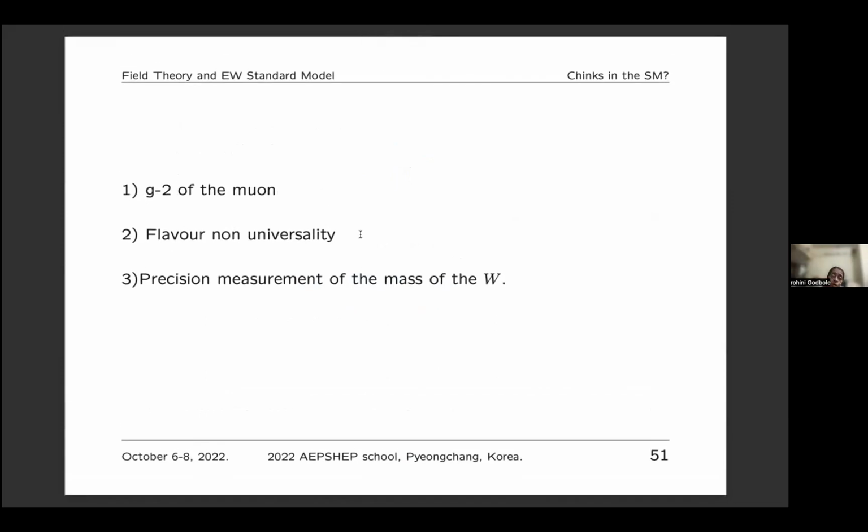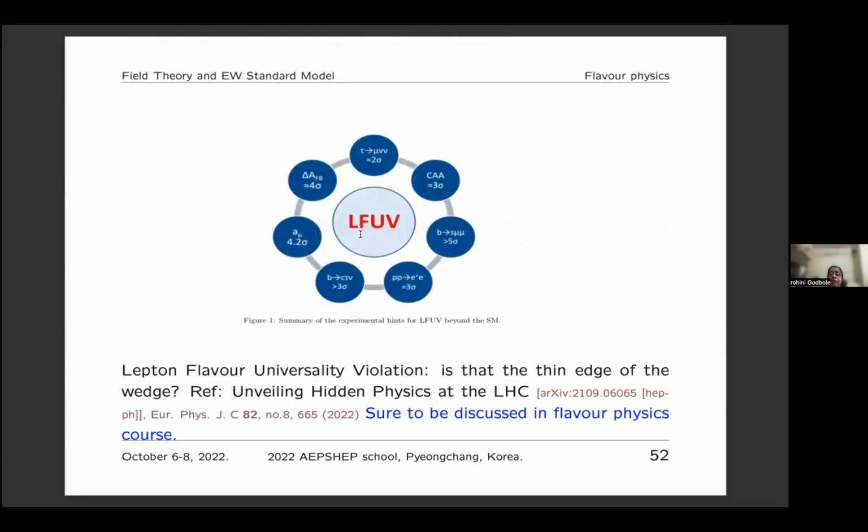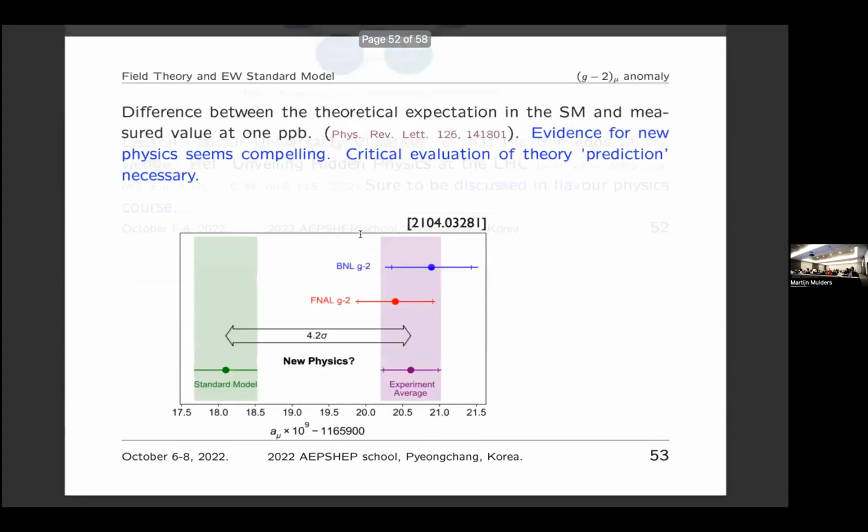So if you do observe flavor non-universality, there is no little bit of corrections in the Standard Model that will explain that. Therefore, that's a very qualitatively new aspect and deserves full attention of the theoretical and experimental community.